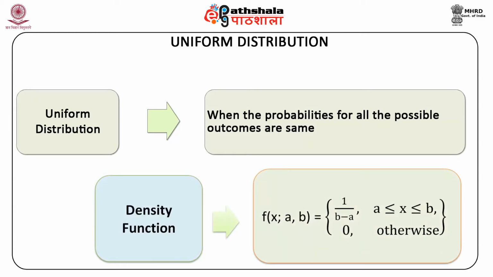The density function of the continuous uniform random variable x on the interval a, b is given by f(x; a, b) equal to 1 divided by b minus a, where x is greater than or equal to a and b is greater than or equal to x, and 0 otherwise. This is equation 1.